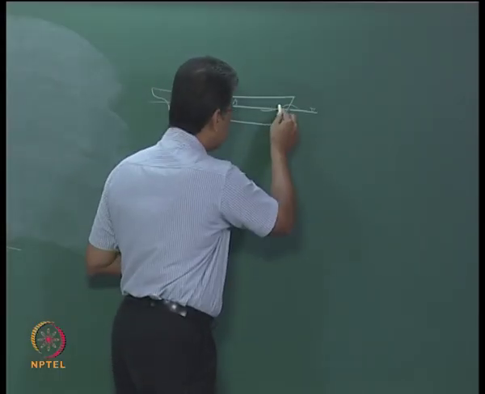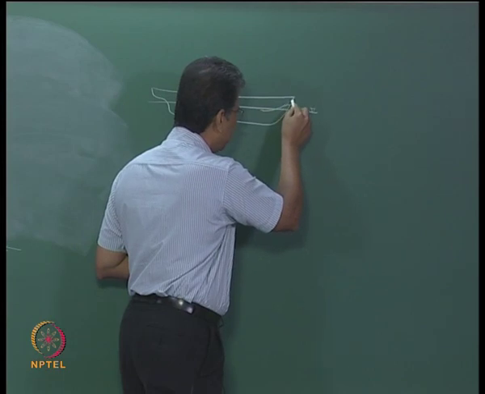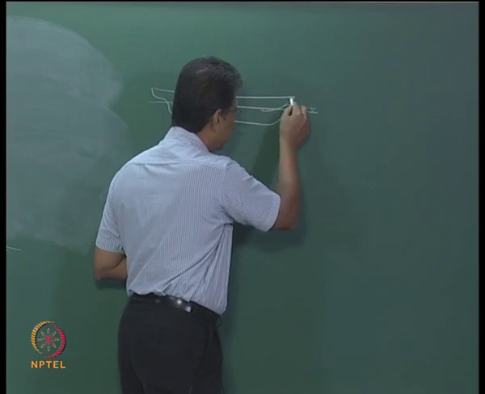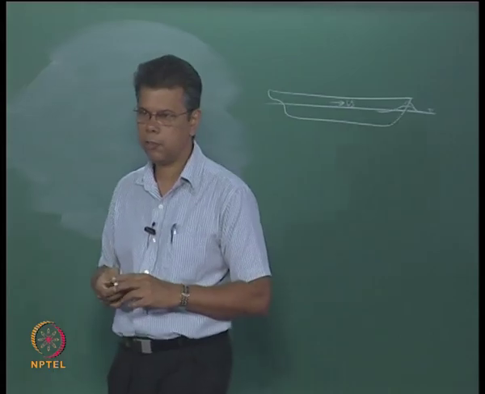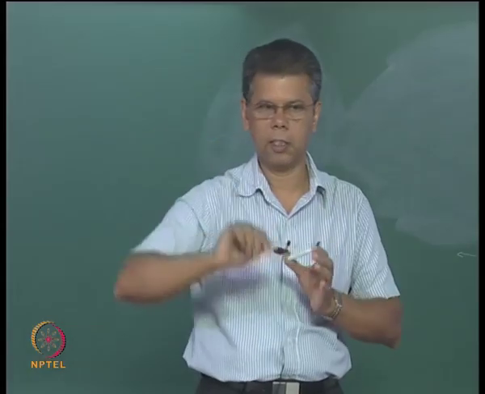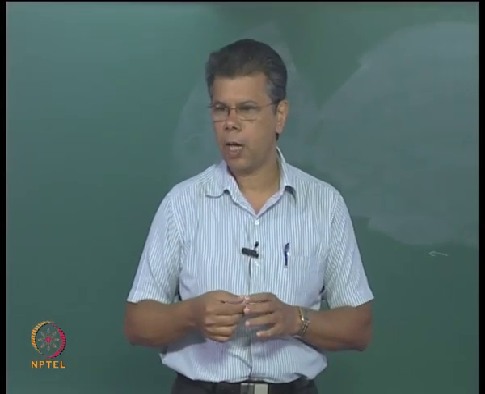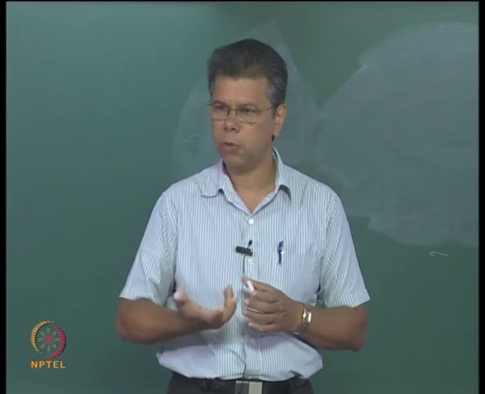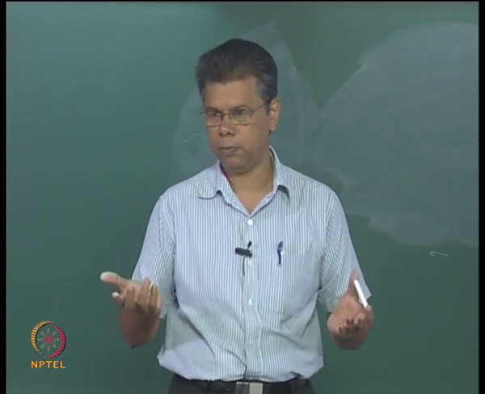This is the bow part of the ship, and this is called the bow wave. And if this goes beyond the limit, what happens? If the height of the wave increases, or in other terms the steepness of the wave increases, for the same length the height increases, and if the wave steepness goes beyond the limit, what happens? The wave breaks.